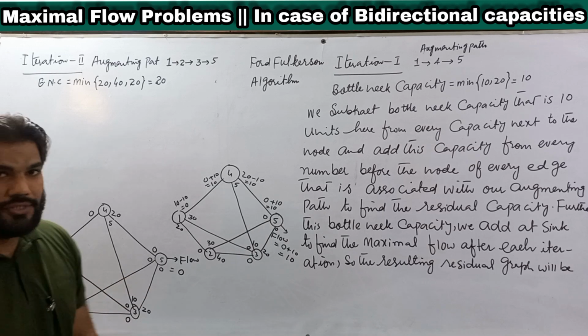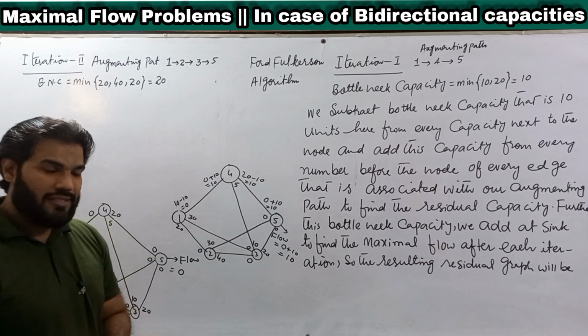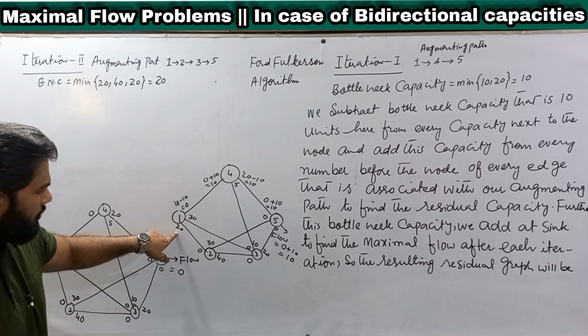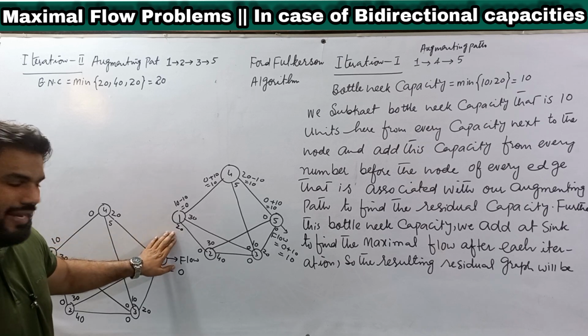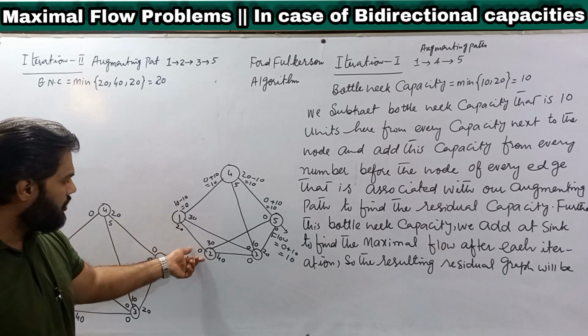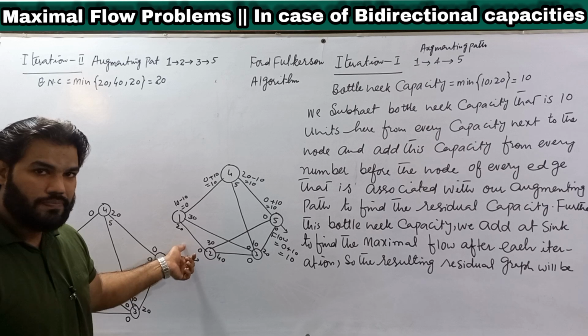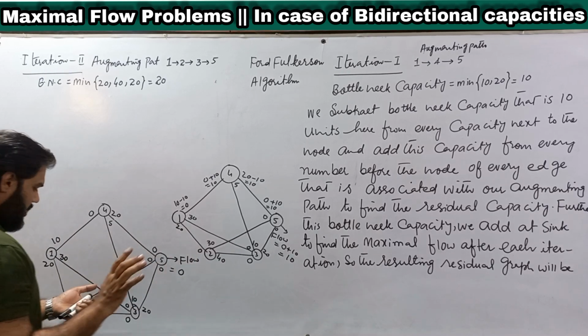Similarly as in iteration 1, we subtract this bottleneck capacity from the number after the node and add this bottleneck capacity to the numbers before the nodes. And the remaining procedure will remain the same.